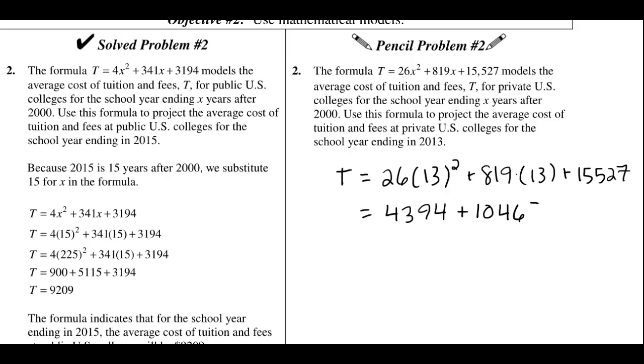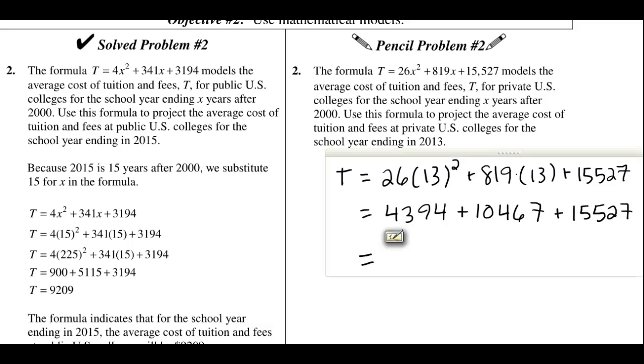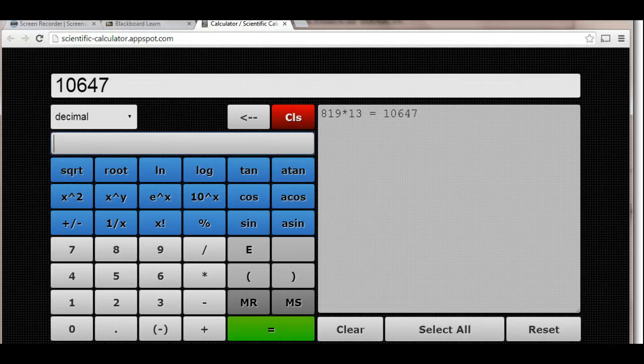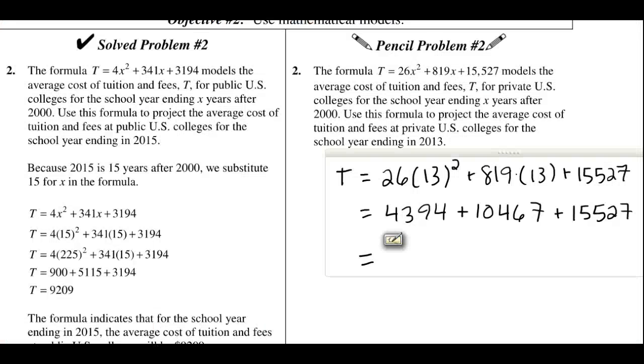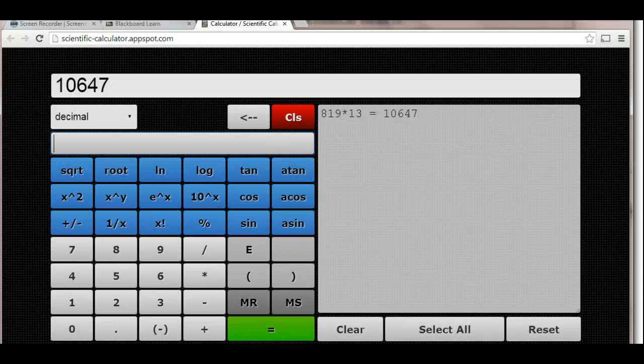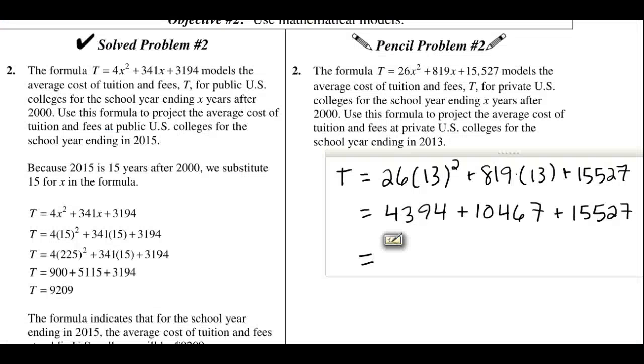Plus 15,527, and then we add these numbers together. So hopefully we'll be able to remember them all. I doubt it. 647. So I got that one wrong. Did I switch the 6 and the 4? Yeah. So let me try and erase that.